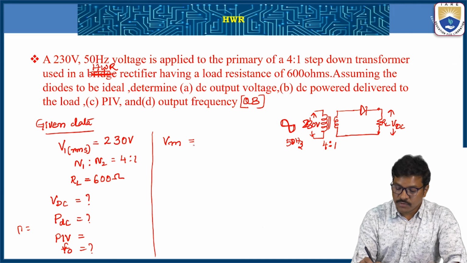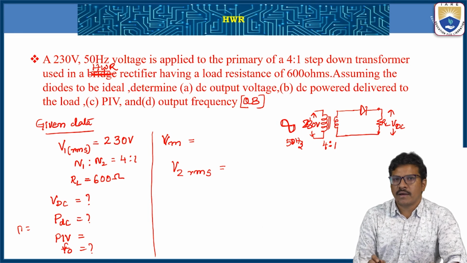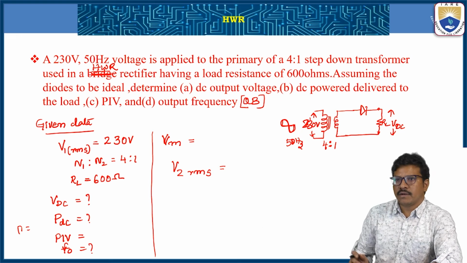We can take Vm from the secondary coil voltage V2 RMS. We have a formula, right?